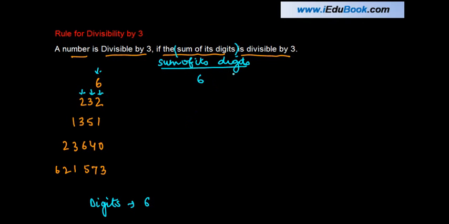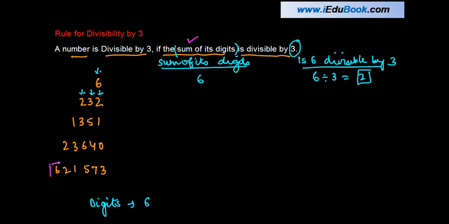And is 6 divisible by 3? The answer is yes, 6 is divisible by 3 because when you divide 6 by 3 you get 2. The importance of this rule lies in the fact that if I were to ask you whether a big number is divisible by 3 or not, you would just start dividing it by 3.